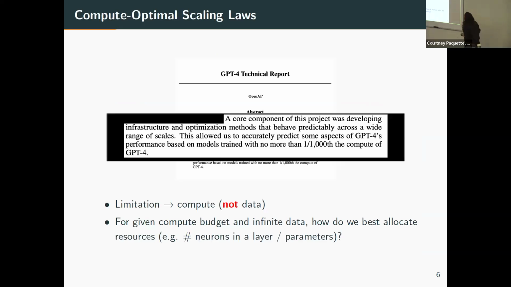Okay. And once you have these scaling laws, you can start to ask downstream questions. One of the core ideas of how ChatGPT was able to be created was that they were able to answer the following question. You're now currently not really limited by data. In the language models, we have the entire internet available to us.